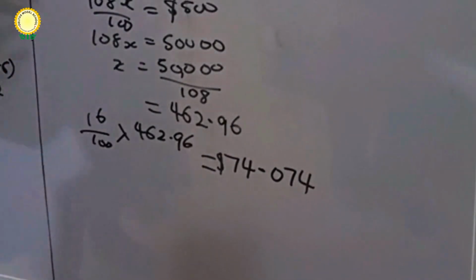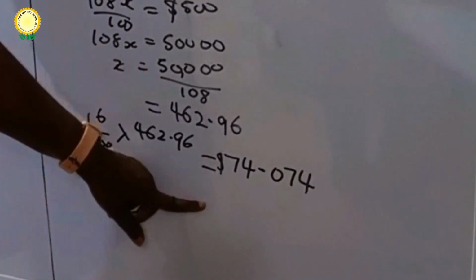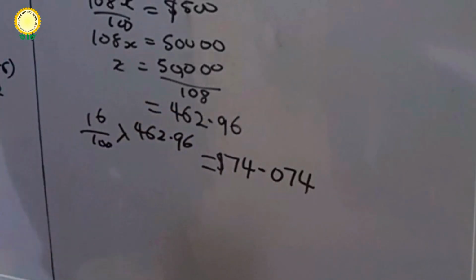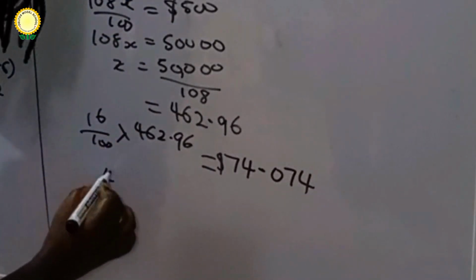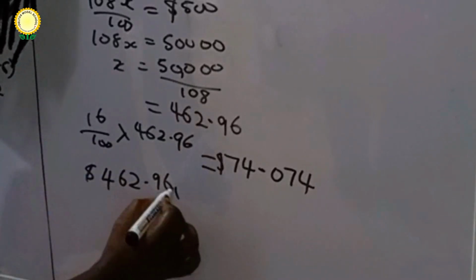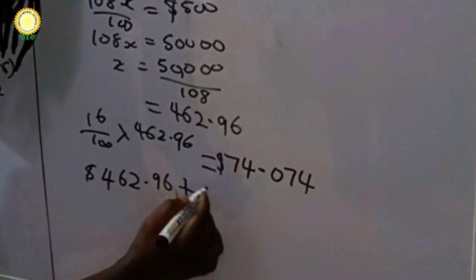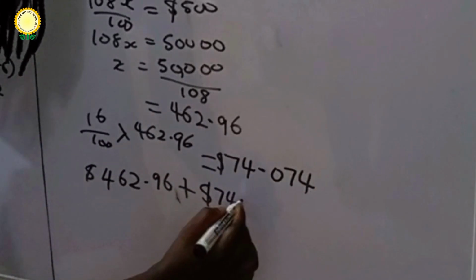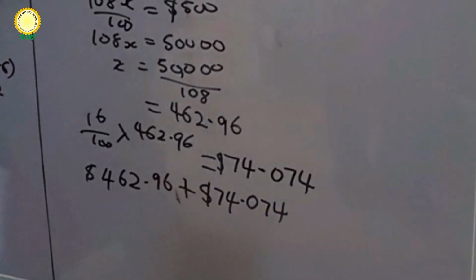Now that we have gotten the percentage profit of this, the question is not to find the percentage profit, because this is not your final answer. You have to add the 462 together with your profits. So that will be 462.96 plus your profits. Is that clear?